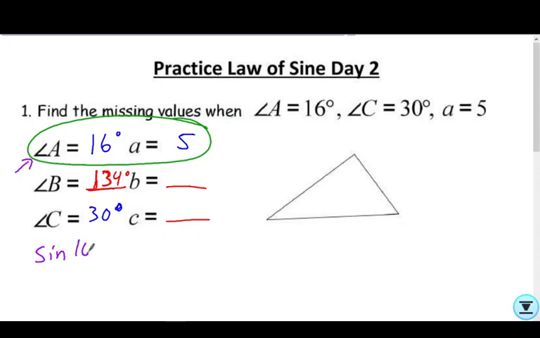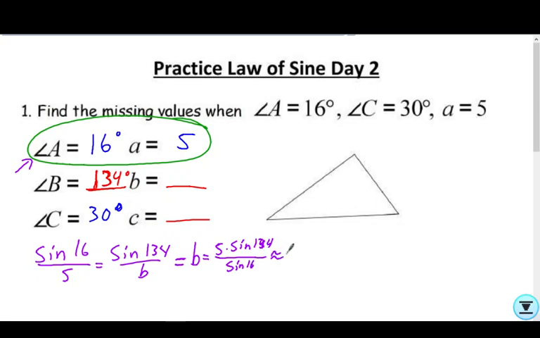Next, I'm going to use this to set up my first ratio. So sine of 16 over 5 equals, and I could do either one of these next. So I'm going to find side B. I set up my ratio, I cross multiply, so B is equal to 5 times sine of 134 over sine of 16, which means I plug it into my calculator and I get 13.05.